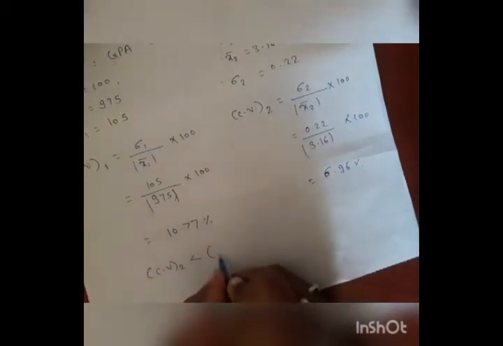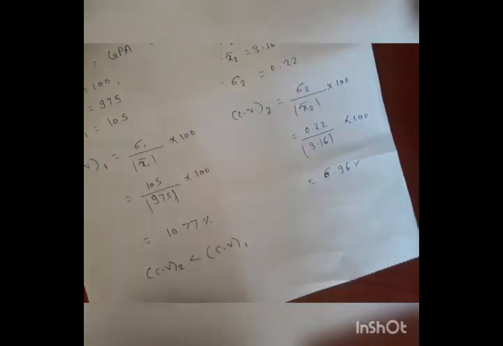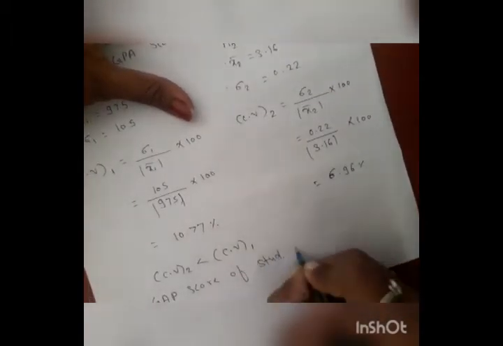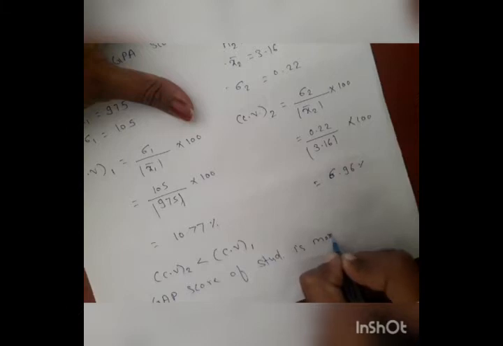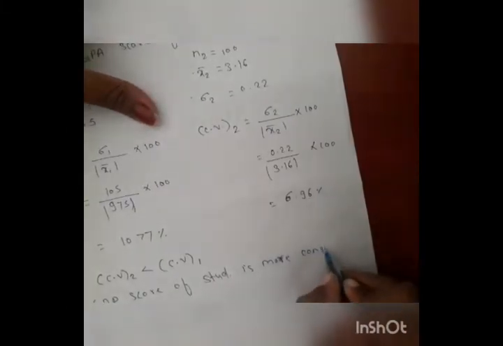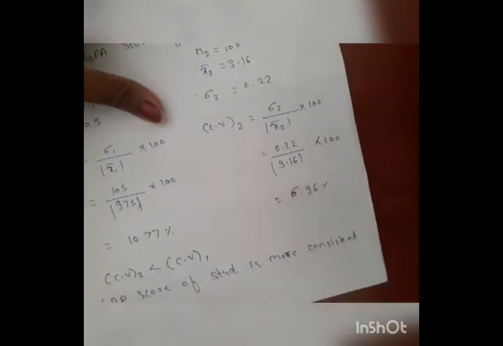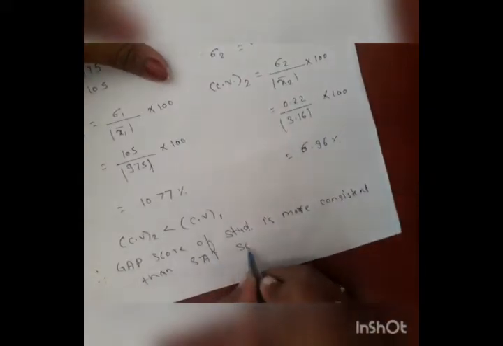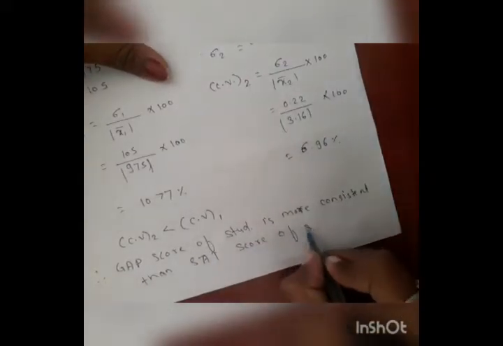So here CV2 is less than CV1, therefore the GPA score of students is more consistent than the SAT score of students.